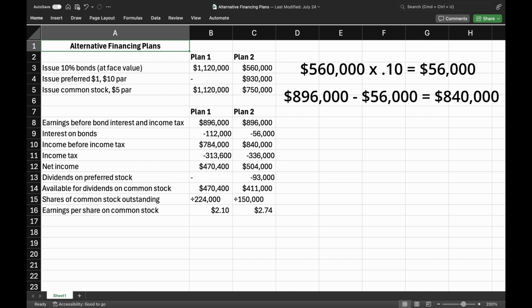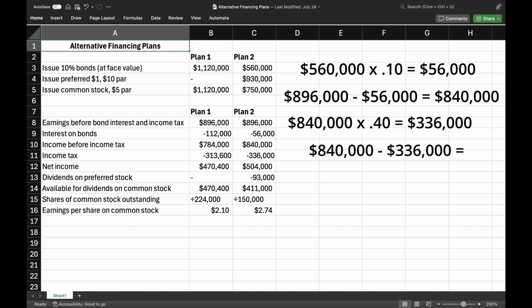Next, we must find the income tax by multiplying $840,000 by 40%, which comes out to $336,000. Now, we must subtract $336,000 from $840,000, which comes out to $504,000 for the net income.